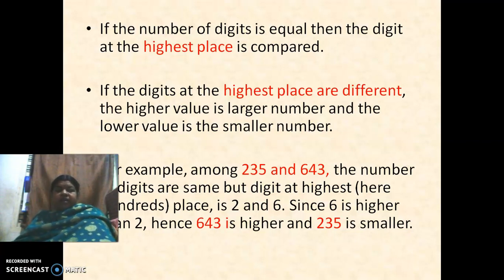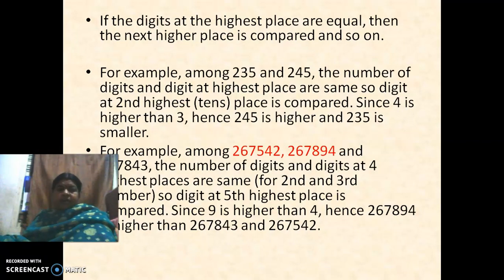Here the first digit 2 is smaller than 6. So 643 is the greater number and 235 is the smaller one. If the digits of the highest place are equal, then the next higher place is compared, and so on.